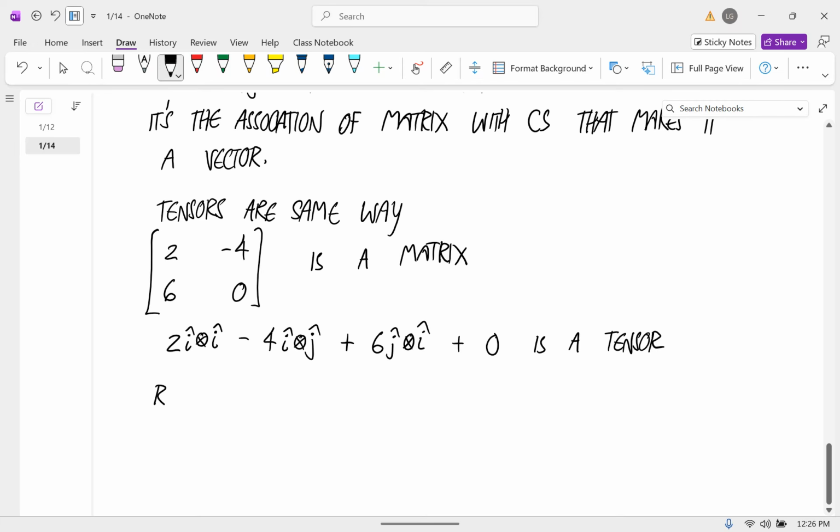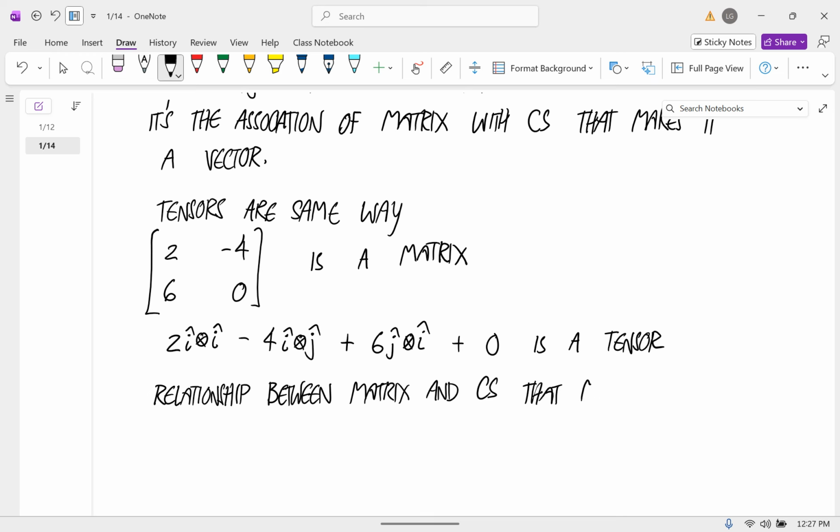So again, it's the relationship between the matrix and the coordinate system that makes it a tensor.